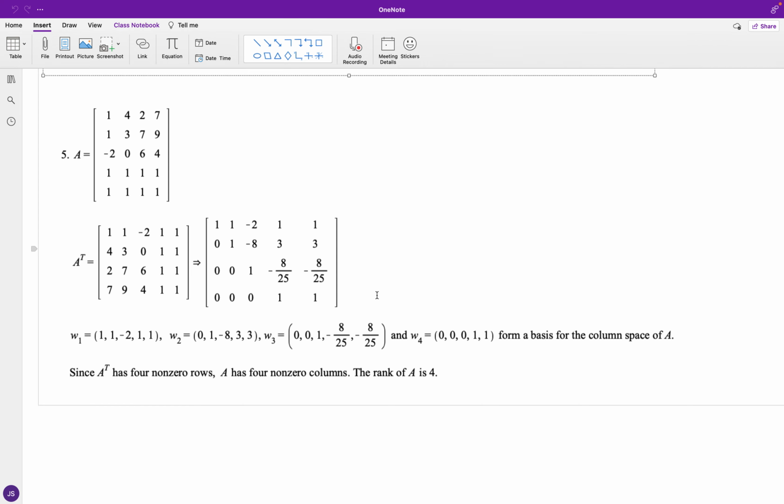All of these rows will be non-zero, and the corresponding vectors from W1 all the way out to W4 will form a basis for the column space of A. And since the transpose of A has four non-zero rows, A is going to have four non-zero columns, and once again, the rank of this matrix is going to be 4.